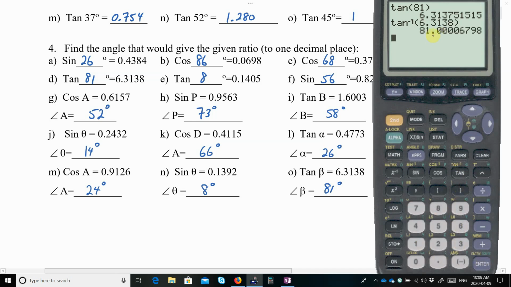So when we actually did shift tan of the original ratio, we got something close to 81. We rounded it to 81, and so that's why you get a little bit of difference.